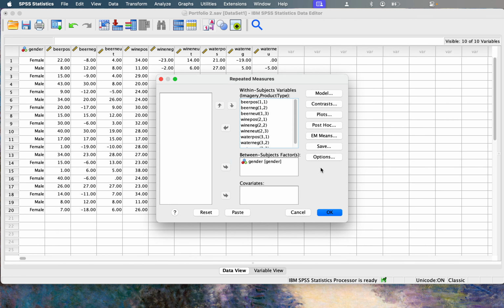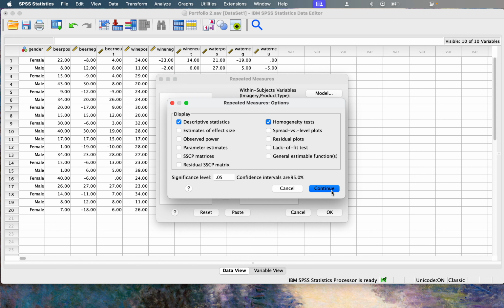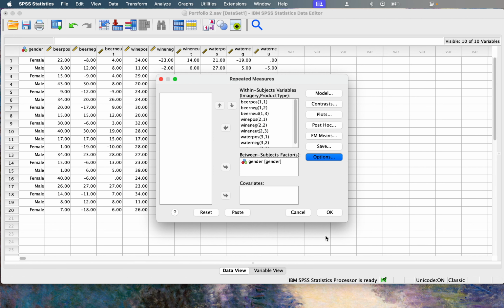My computer went crazy there, and I had to restart this all. Okay, so we go to Options, and we select Descriptive Statistics and Homogeneity Test. All right, now we're gonna press OK and run this.